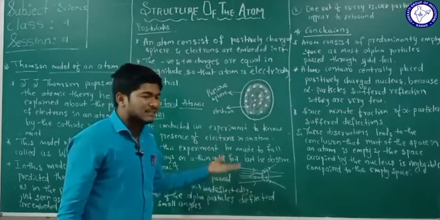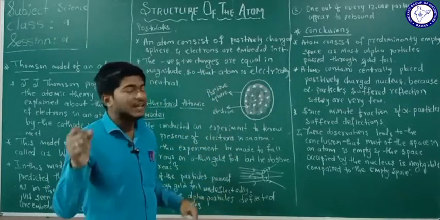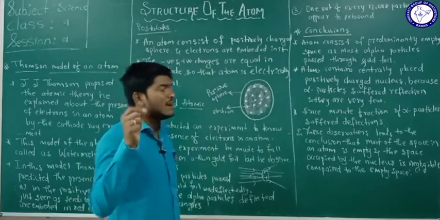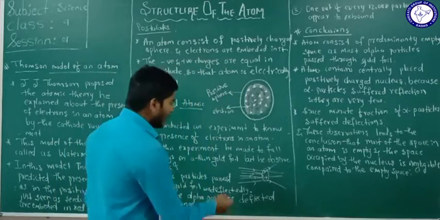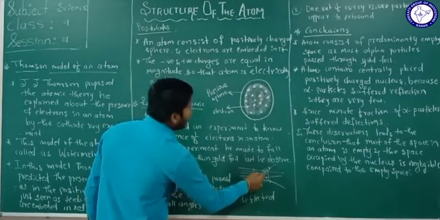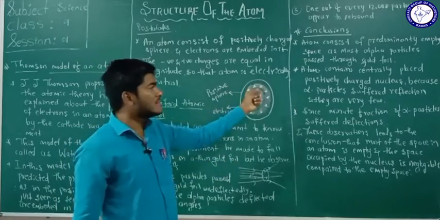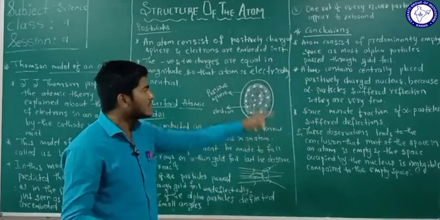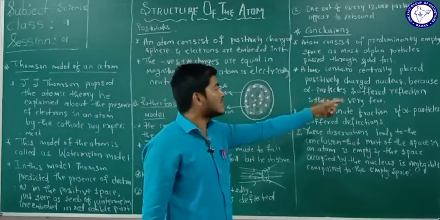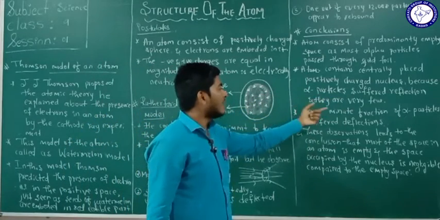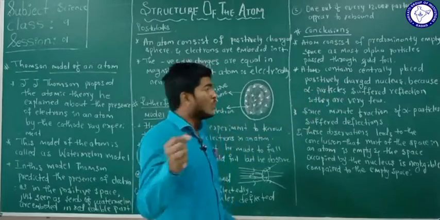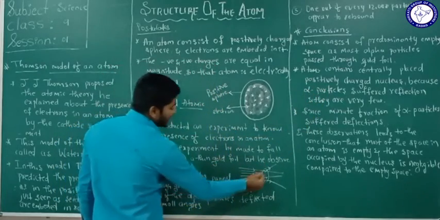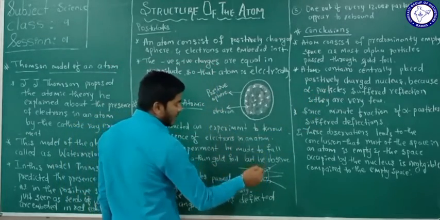Based on these three observations, he concluded that an atom contains a centrally placed, positively charged nucleus, because alpha particles suffered reflection and they are very few. So the atom consists of a small nucleus at the center. Why?